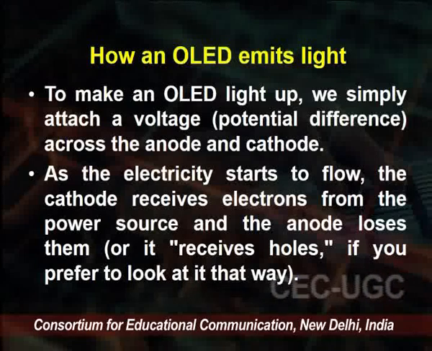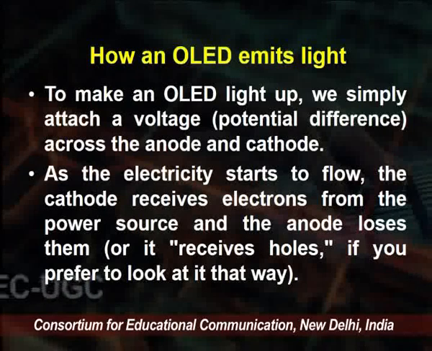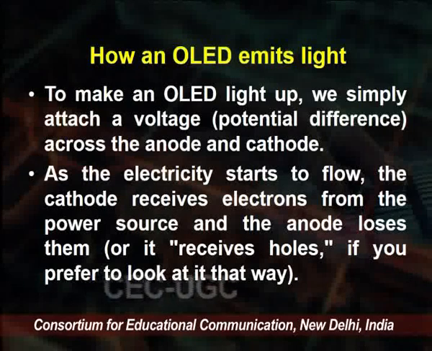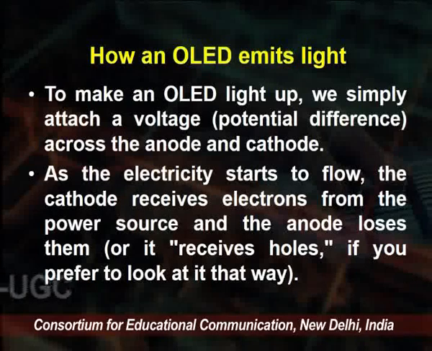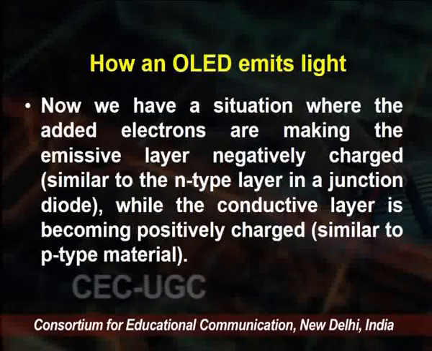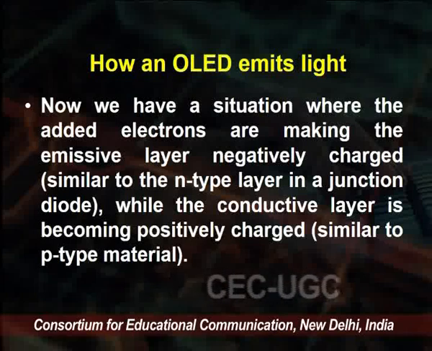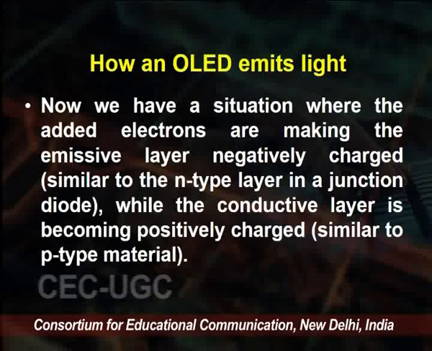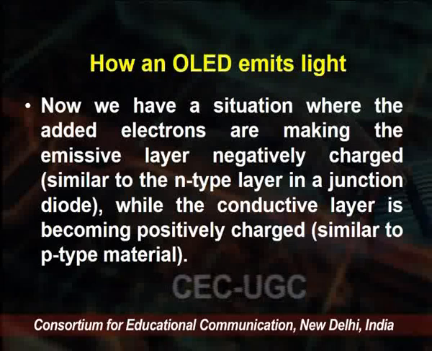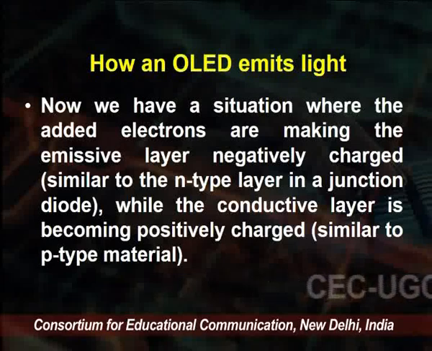As the electricity starts to flow, the cathode receives electrons from the power source and the anode loses them, in other words it receives holes. So the added electrons make the emissive layer a negatively charged layer, similar to the N-type layer in a junction diode, while the conductive layer becomes positively charged as holes are there.